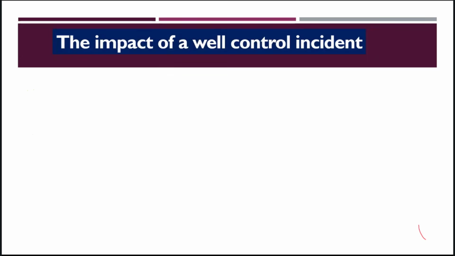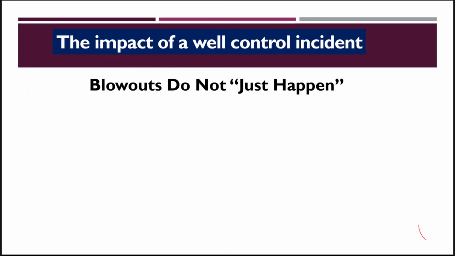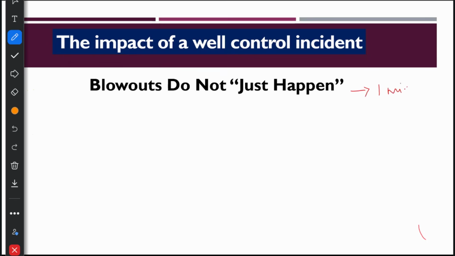So this we already discussed. The impact of a well control incident is so huge, but a blowout does not happen by one mistake. Never think that if you make a single mistake, a blowout will happen.